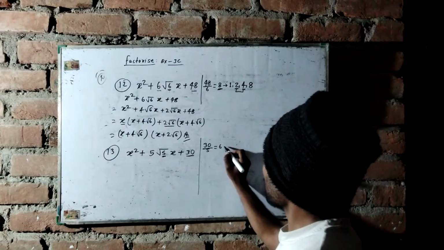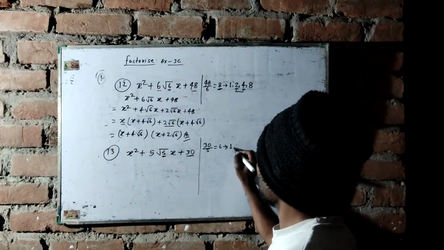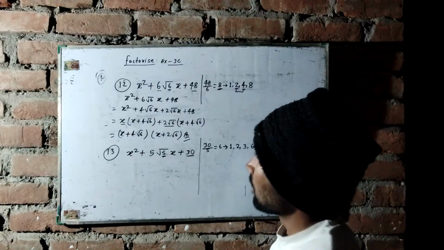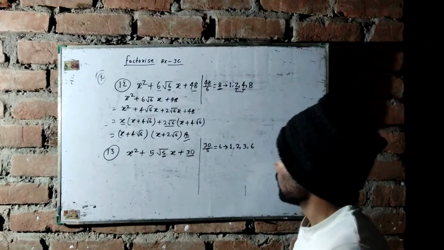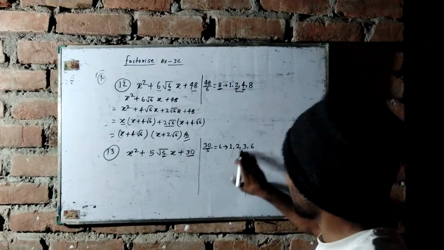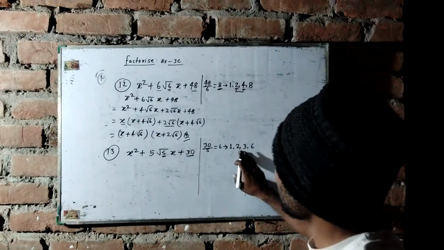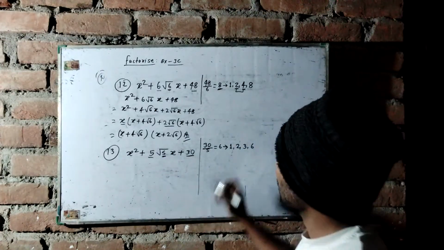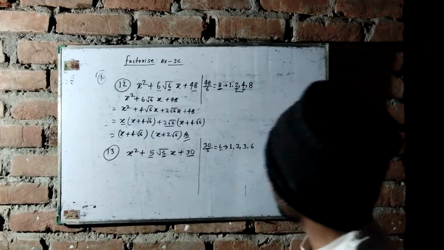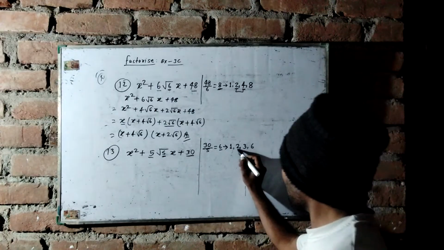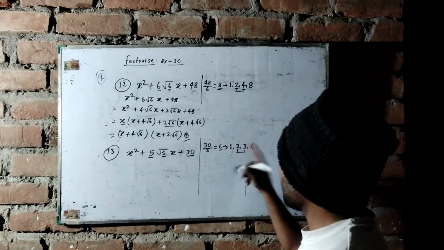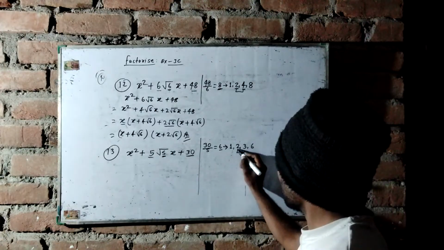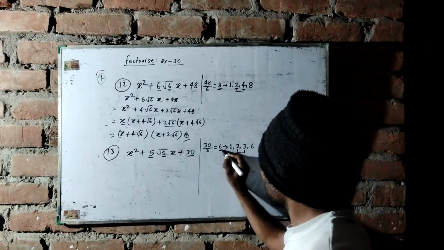So all factors of 6 will be 1, 2, 3 and 6. Now we have to choose two numbers from here whose sum will be 5 and their product will be 6. So we can consider two numbers 2 and 3, whose sum will be 5 and their product will be 6.